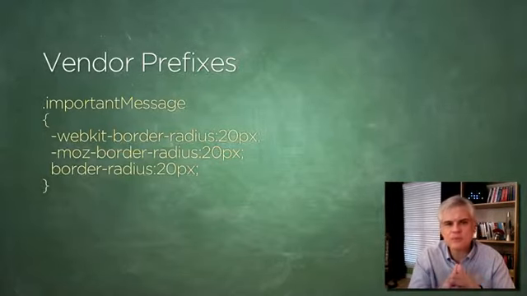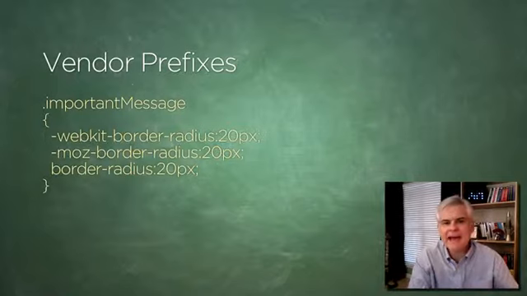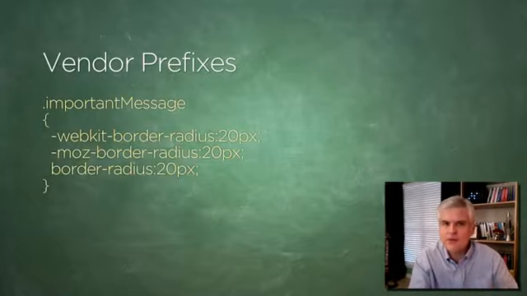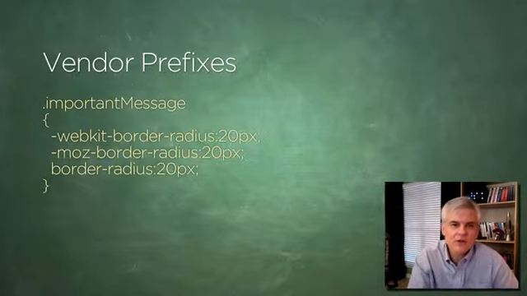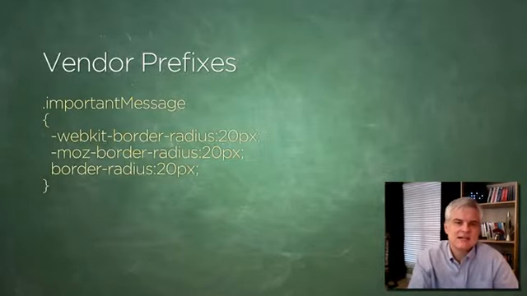Some vendors want to support a particular new and upcoming feature of CSS Level 3 right now, today, so they add their vendor prefix to that property, and they support that property unofficially so that it allows web developers like you and I to get their feet wet, to try it out, and then provide feedback to the browser vendor.